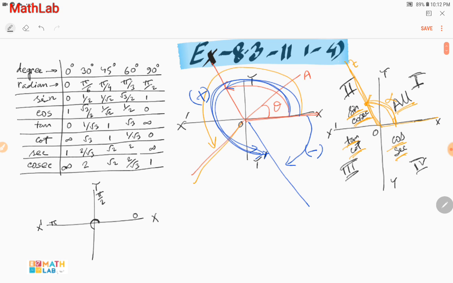Another 90 degrees will be 270, that means 3 pi by 2, and the last one, the total angle, is 360, so again that will be 2 pi.